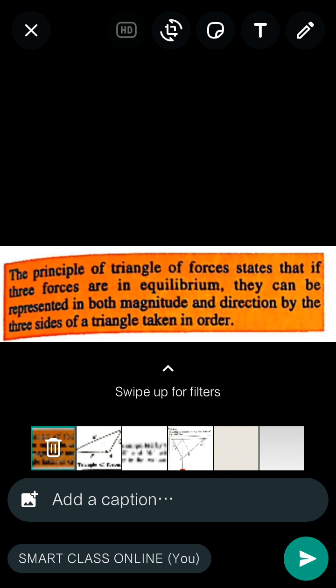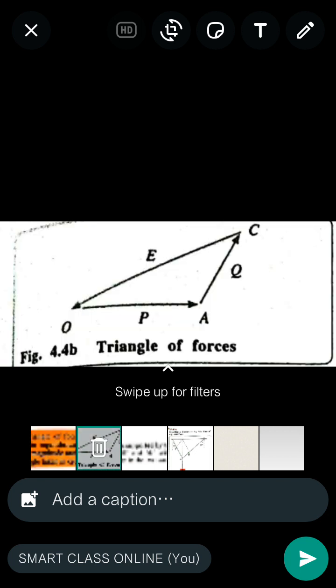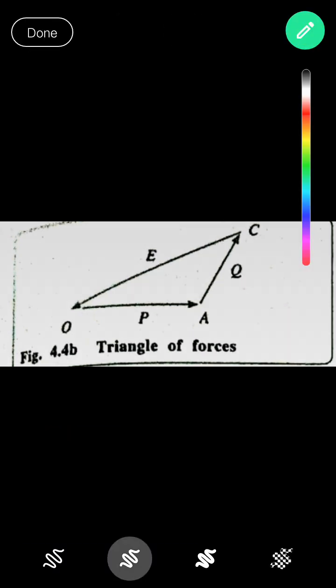So, an illustration for this is the triangle above, which gives a triangle which is used to represent the equilibrium of three forces.